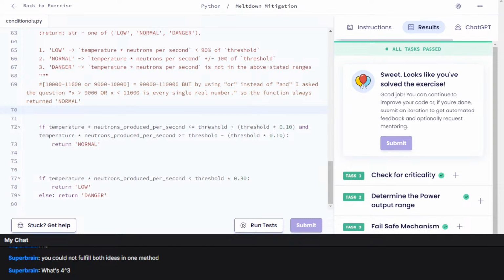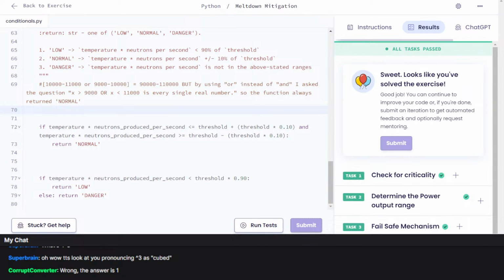Why do you guys keep writing that? 4 cubed? I don't know. It's whatever 16 times 4 is. 64? Why? Superbrain says, oh wow TDS, look at you pronouncing caret 3 as cubed.